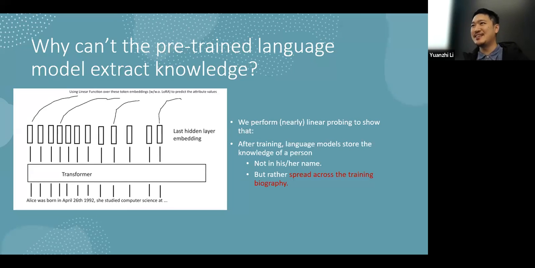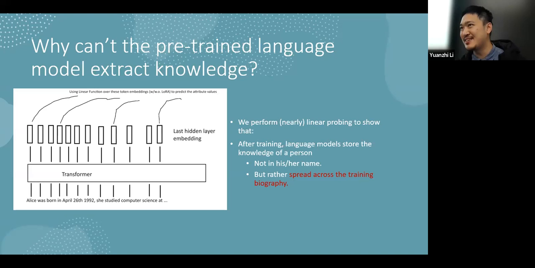Because if it associated them, then it should be able to answer the question on the remaining 50K. But it seems when you fine-tune on the 50K questions, it fails to associate, for example, studied with where. So it just memorized the 50K examples that you fine-tune, but it didn't really associate with the studied at the biography.